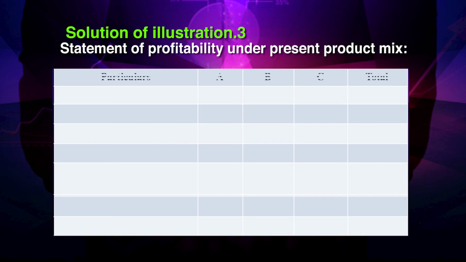We will have 5 columns: first particulars, then product A, then product B, then product C and finally total. Units 30,000, 40,000, 25,000, so 95,000.